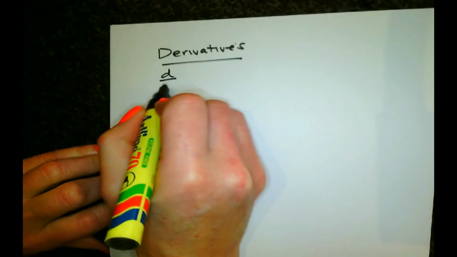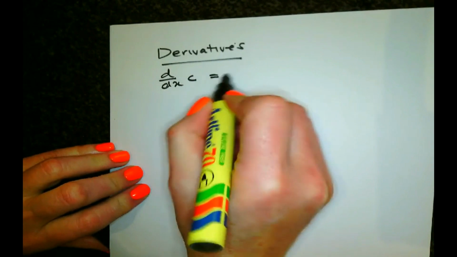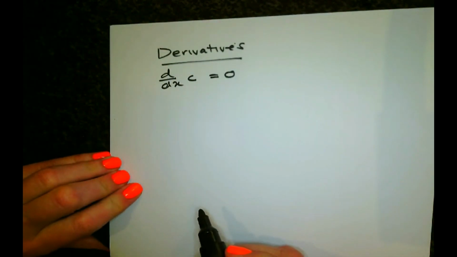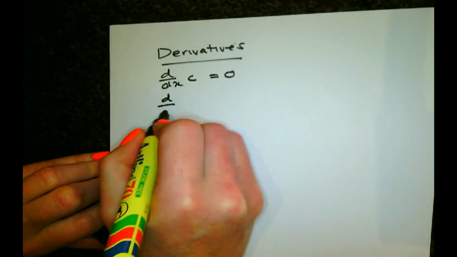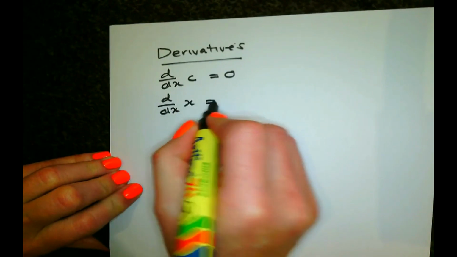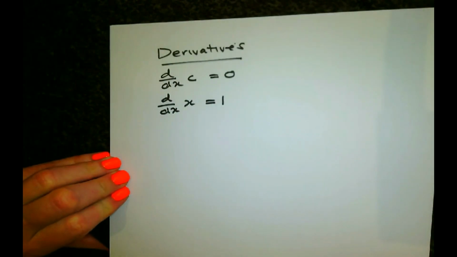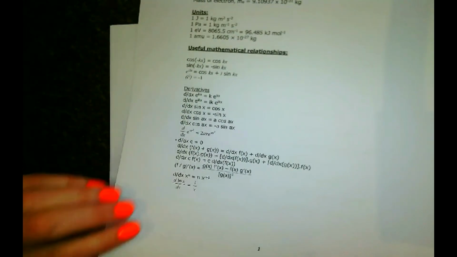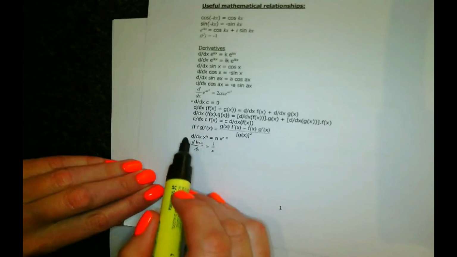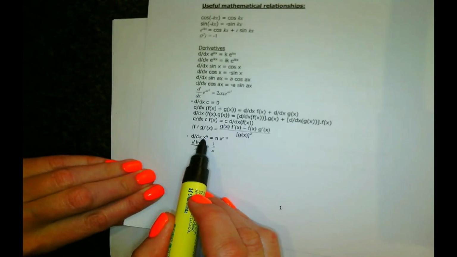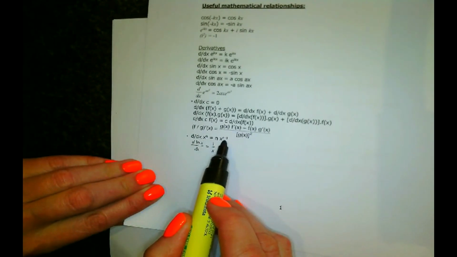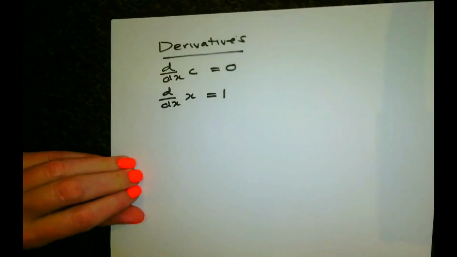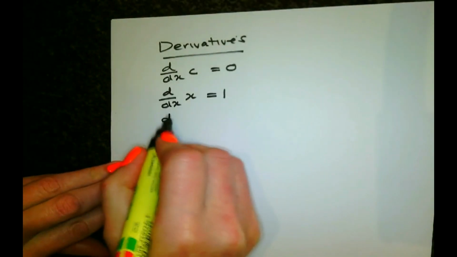So d/dx of a constant is 0. d/dx of x is 1. Another derivative that you might find useful in your data sheet: d/dx of x to the n is n x to the n minus 1. We have an exponent.